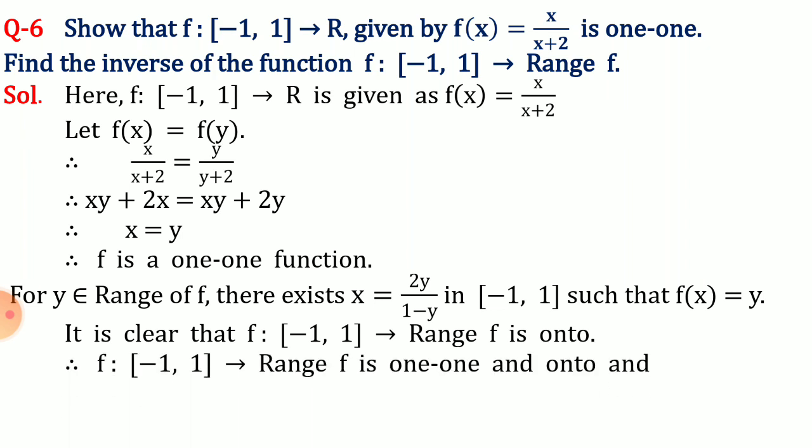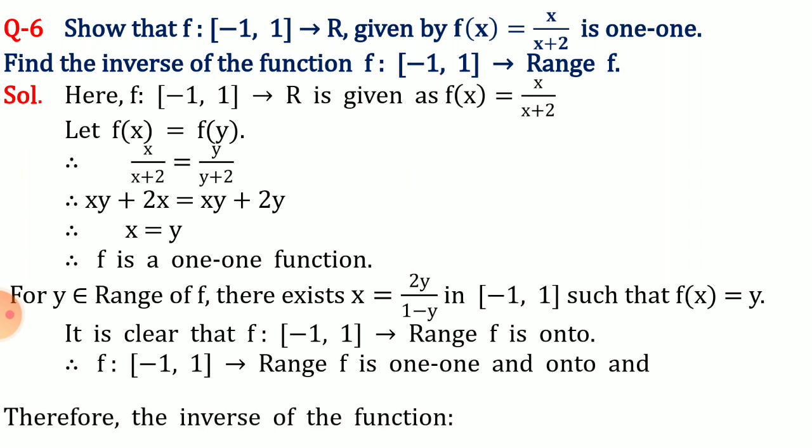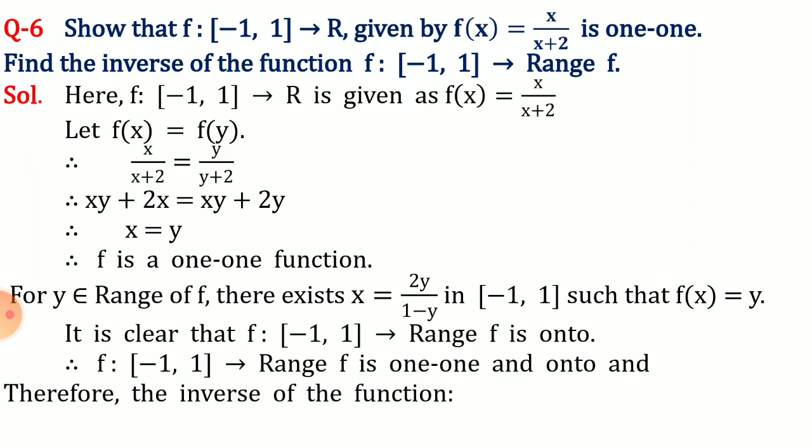Therefore f from the closed interval minus 1 to 1 to range of f is one-one and onto, and the inverse of the function f exists. Next, find the inverse of function f from minus 1 to 1 to range of function f. Suppose here g is a function and g of x is equal to 2y upon 1 minus y.